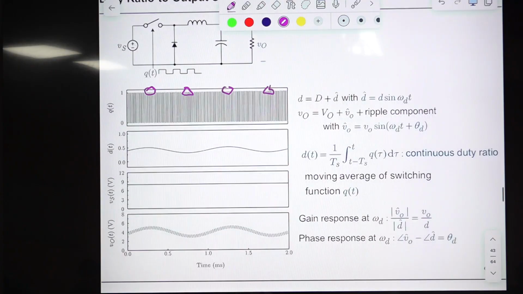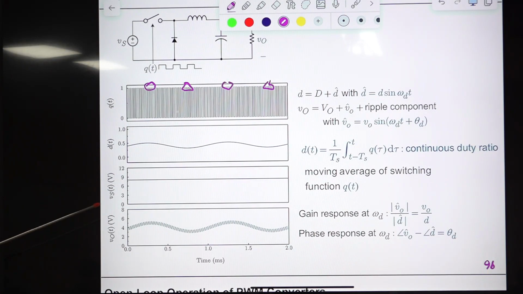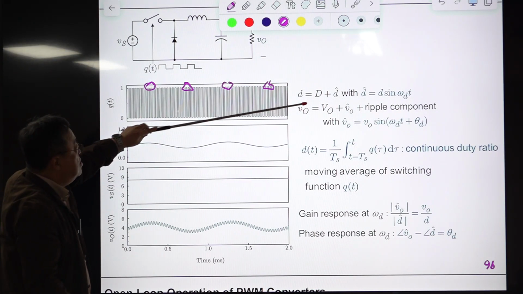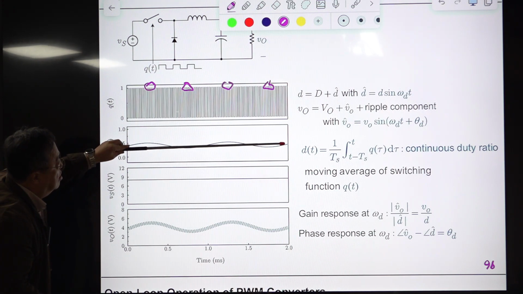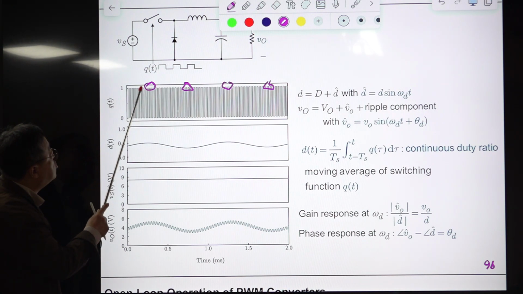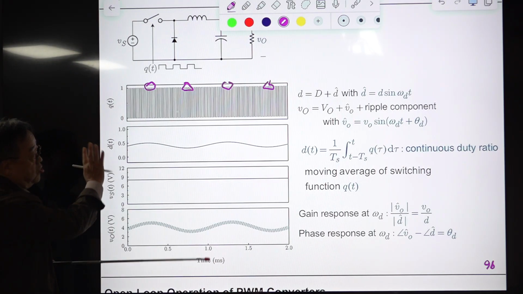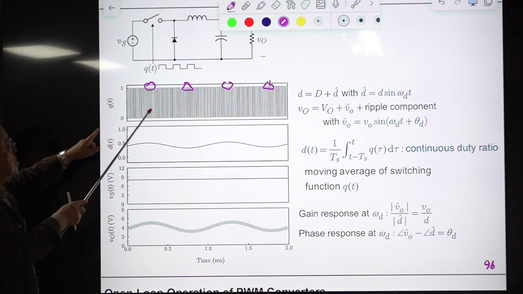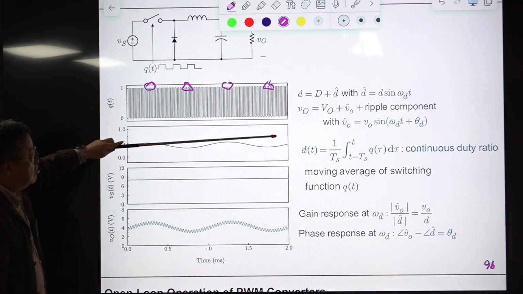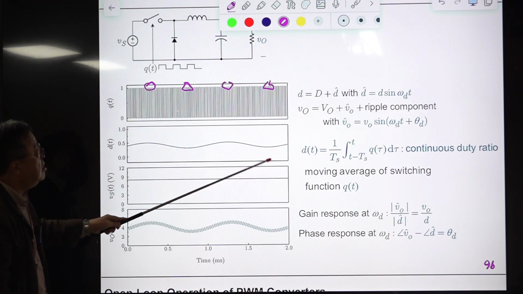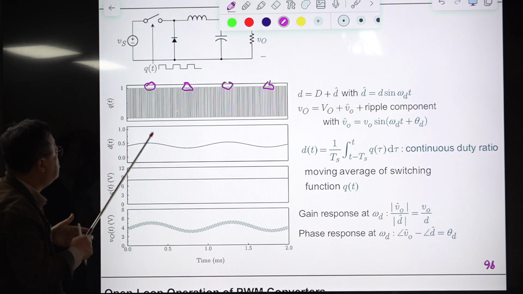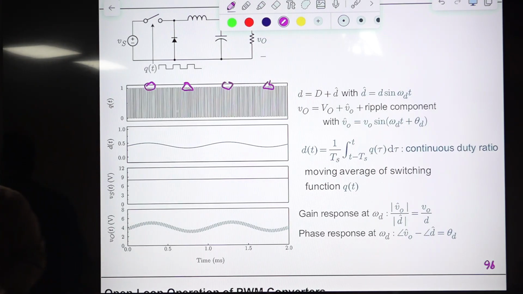So I can say the same thing here. D is, this is the steady state, this is the average value of this. Now here D is changing. Previously, with the periodic switch drive signal, dt was constant, but now it's changing. The way it changes is this sinusoidal waveform. So this can be considered as a disturbance in the duty ratio, a sinusoidal disturbance, and this is fixed.